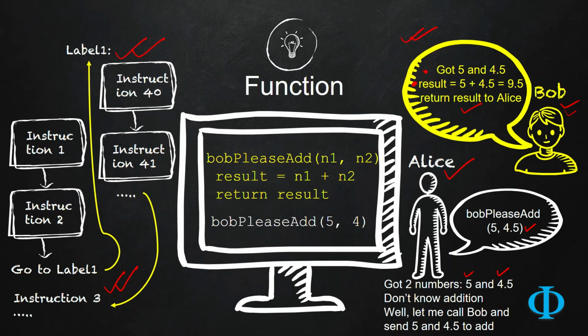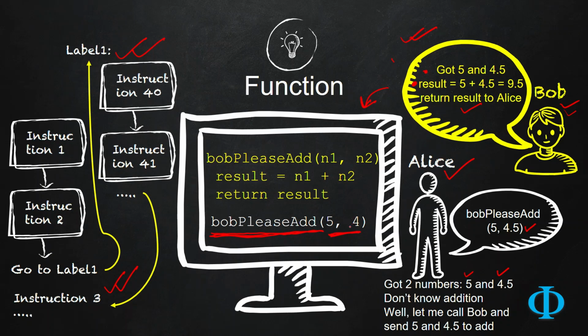So if I convert this realistic scenario into the form of an algorithm, it looks something like this. In this line, from this part of code, we are calling the function Bob please add, and then we are passing the two numbers that we want to add.